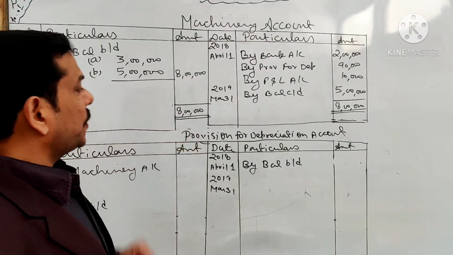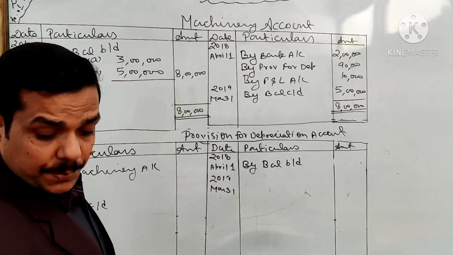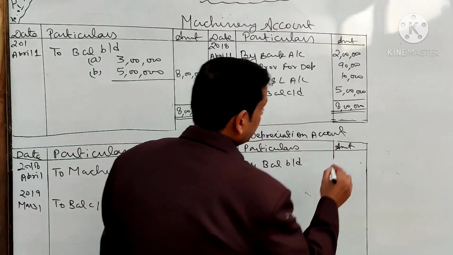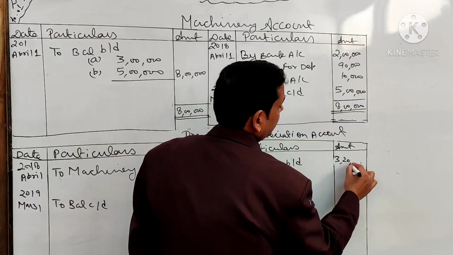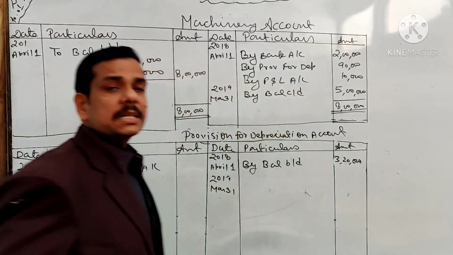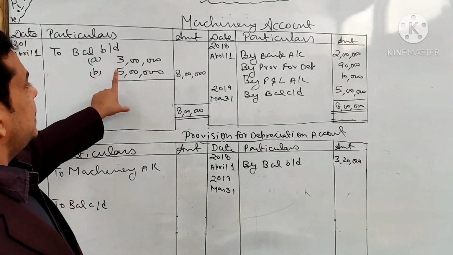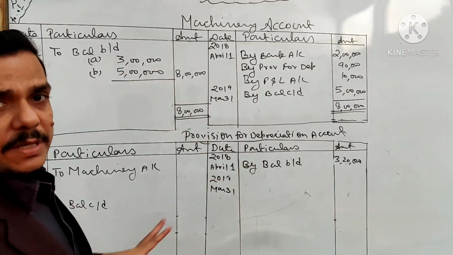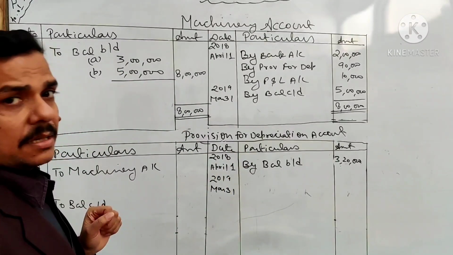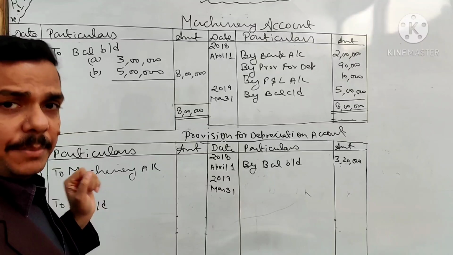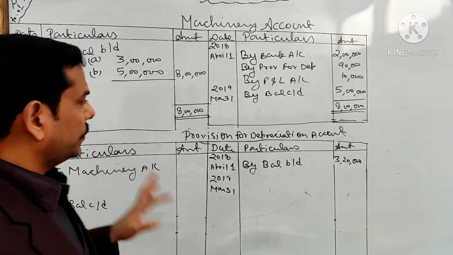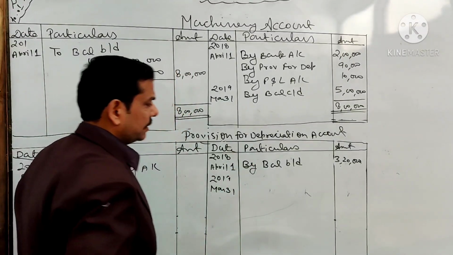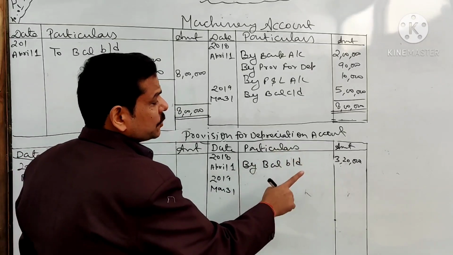Now we are going to prepare the provision for depreciation account. The opening balance given to us is 3 lakh 20,000, so write it over here. Always remember, all assets show a debit balance while provisions always show a credit balance, because provisions are made for a liability which is known but the exact amount is not known. These are called short term provisions. Now we have sold one machine.